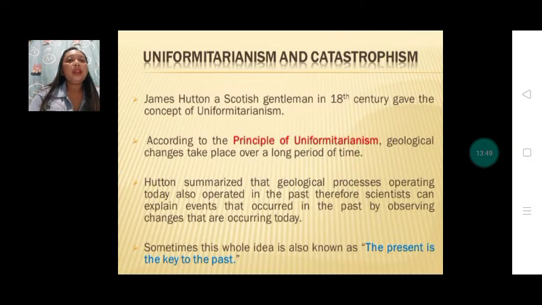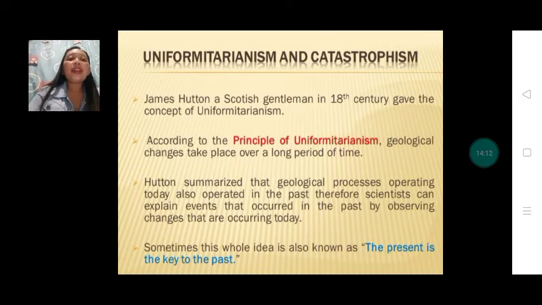Okay, so now let's proceed to uniformitarianism and catastrophism. James Hutton, a Scottish gentleman in the 18th century, gave the concept of uniformitarianism. According to the principle of uniformitarianism, geological changes take place over a long period of time.